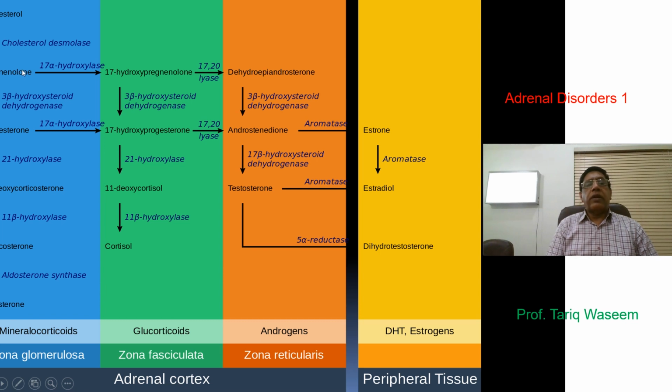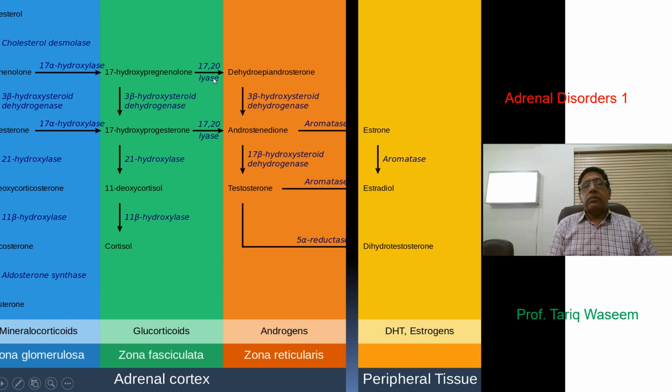Now this pregnenolone again undergoes 17 alpha hydroxylation and 3 beta hydroxylation, and then with 21 hydroxylase makes deoxycortisol, and then 11 beta hydroxylase produces cortisol, the glucocorticoid. So the pathway up to here is a common pathway, and similar hydroxylation then leads to production of glucocorticoids.